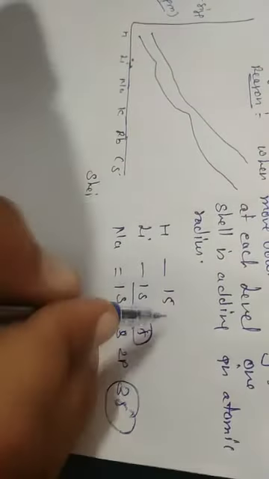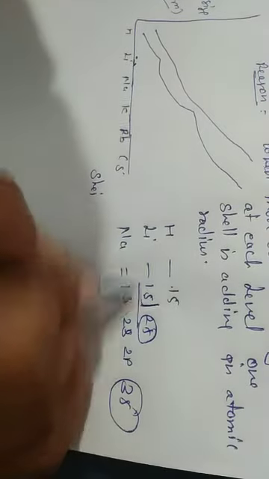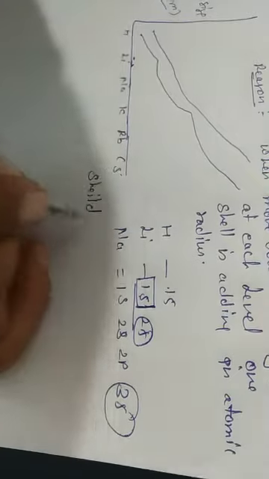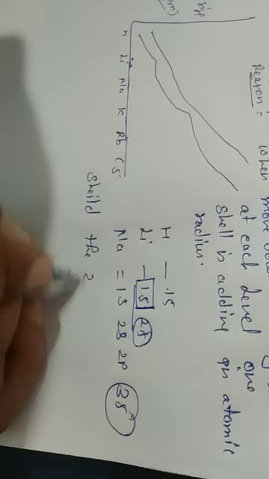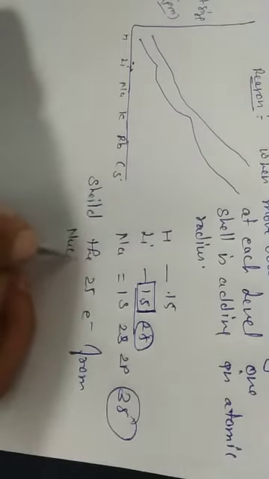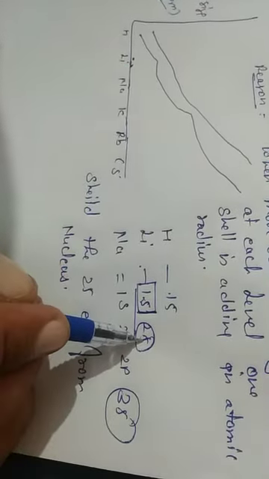Okay, because of the shielding provided, you know that if you move from hydrogen to lithium, this 1s electron shields the 2s electron from the nucleus. That means the positive charge inside the nucleus is more attractive towards this one as compared to this one.